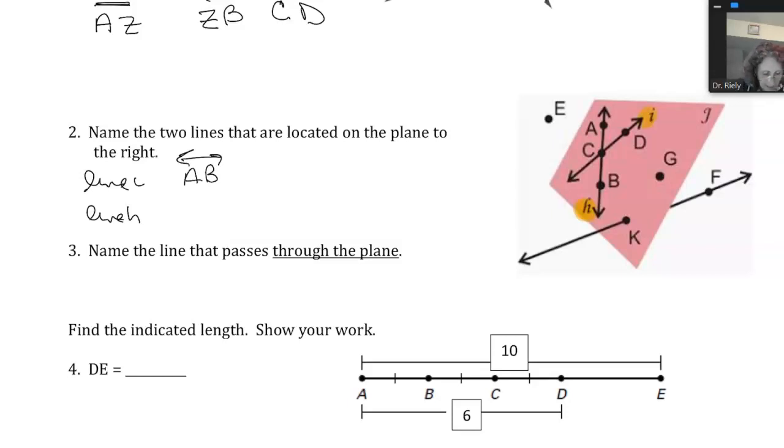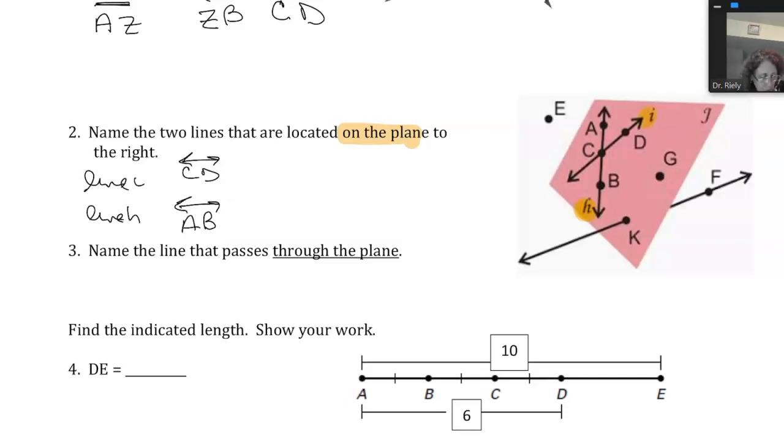So AB was H, so I probably should put that down here just to not confuse things. AB was H. And then CD would be where I is. So this would be CD. So those are different ways to name the lines. And they are located on the plane. So that's important also. On the plane, on the pink plane.